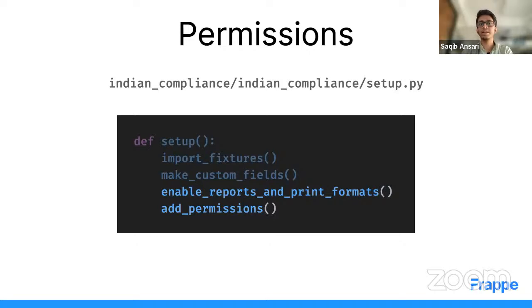So this enabling and adding permissions to these specific reports and print formats only happens if the company belongs to that region, basically. So these methods will check if the company is India, only then they will enable the reports and print formats. Or you could go one more step deeper. Let's say only if e-invoicing is enabled, there will be an invoice settings basically. And if it is enabled, only then all the reports and print formats will be enabled.